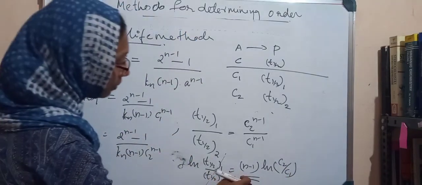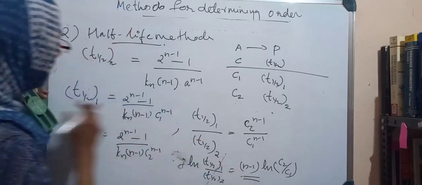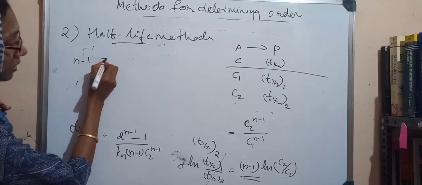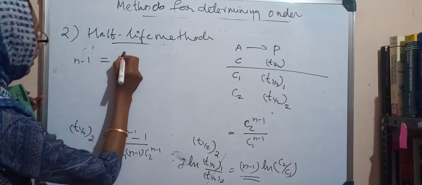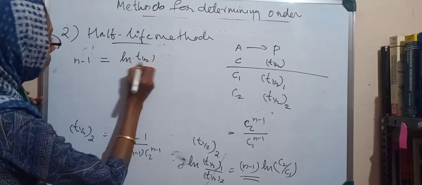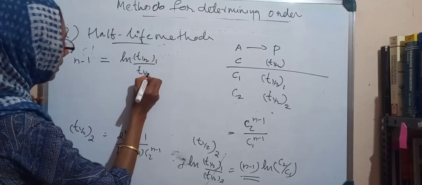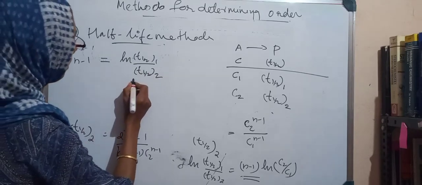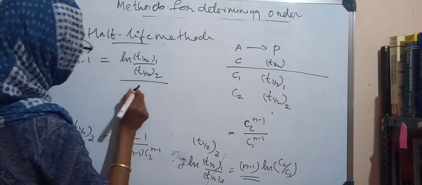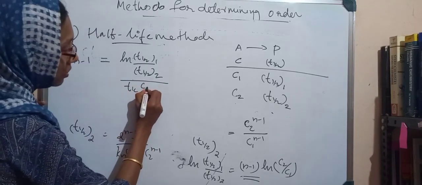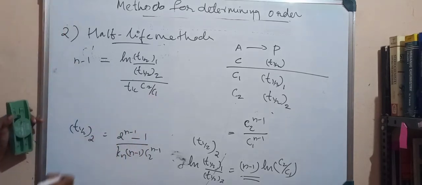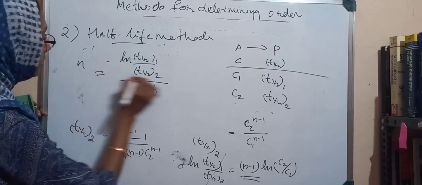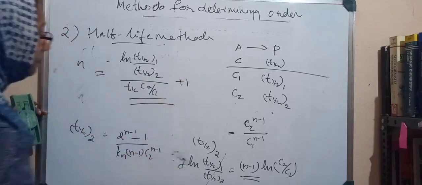From this we can calculate the value of n. n minus 1 is equal to ln T half 1 by T half 2 divided by ln C2 by C1. Then n is equal to this plus 1.